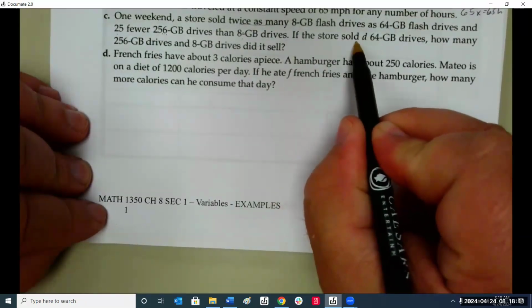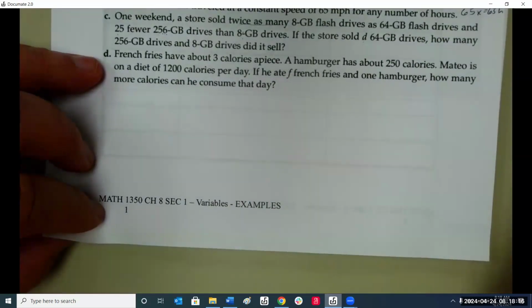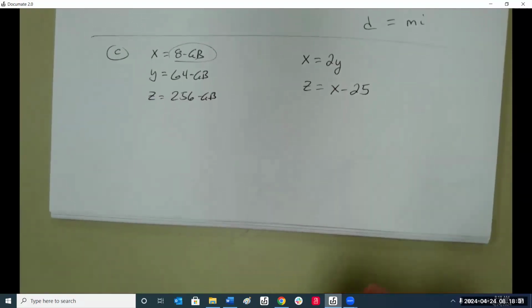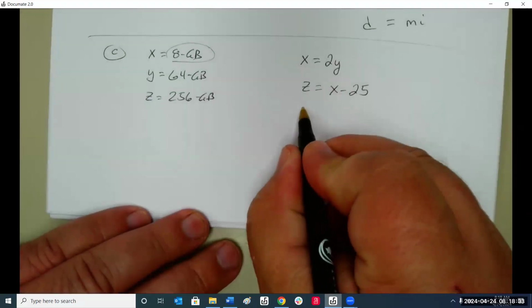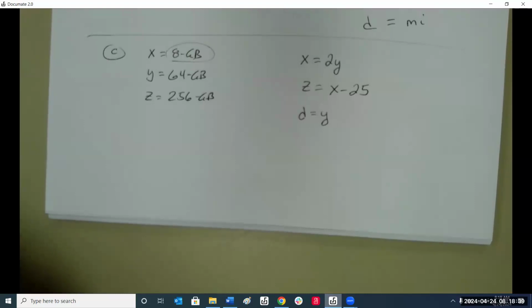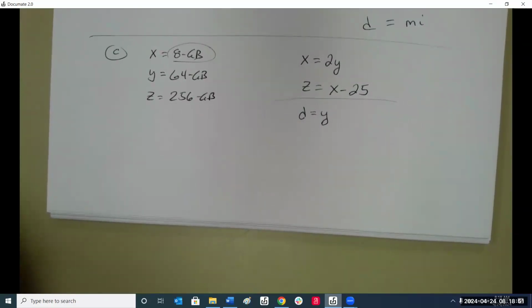If the store sold D 64 gigs, how many of the other two did it sell? It sold D 64s. So what are we solving for here?